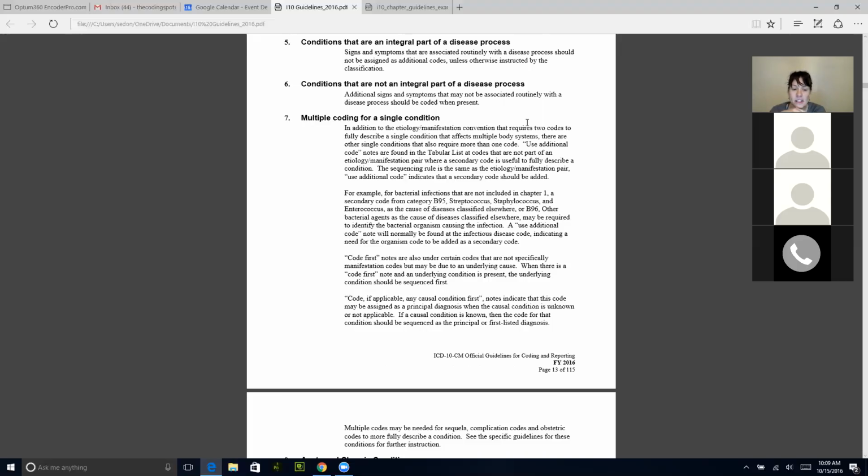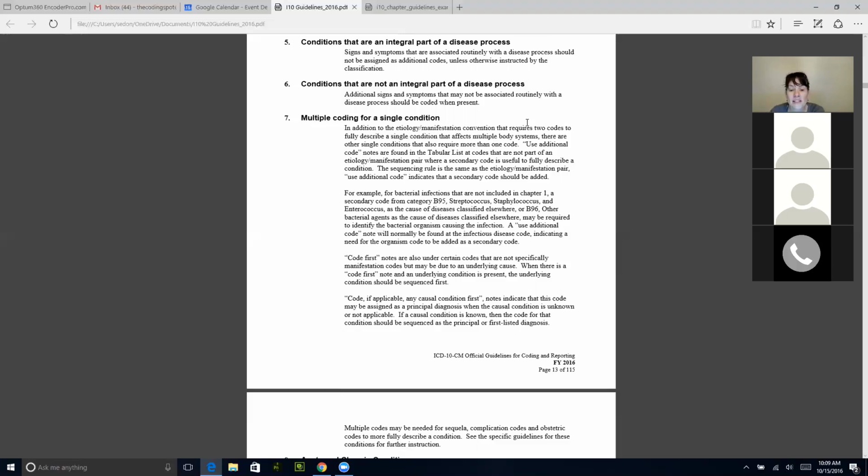In addition to etiology and manifestation convention that requires 2 codes to describe a single condition that affects multiple body systems, use additional code notes are found in the tabular list at codes that are not part of an etiology manifestation pair, where a secondary code is useful to fully describe the condition. So if you're under your codes, if you see a use additional code, it indicates that a secondary code should be added. And they give us an example here in our guidelines.